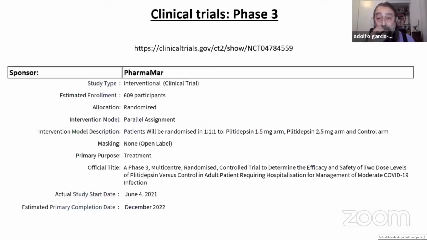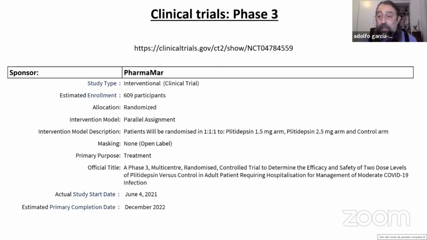And with this, there is now a phase 3 trial going on, with more participants, 109, in multiple hospitals, where there is also a placebo arm, so people are just treated with the standard of care, whatever is available in these hospitals.